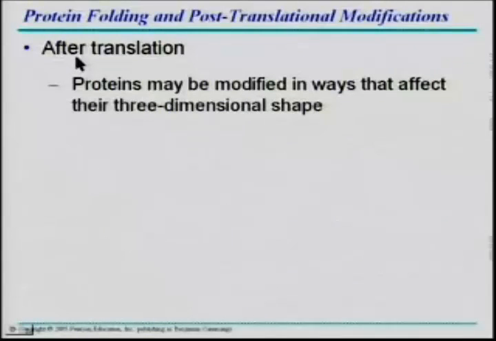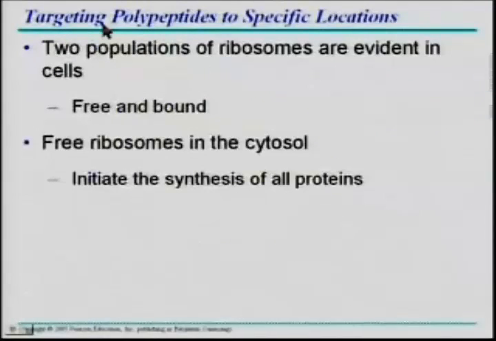So after translation, proteins may be modified in ways that affect their three-dimensional shape. Remember the structures of proteins, primary, secondary, tertiary, and quaternary. So this is part of what we're considering here, as well as other types of modifications.